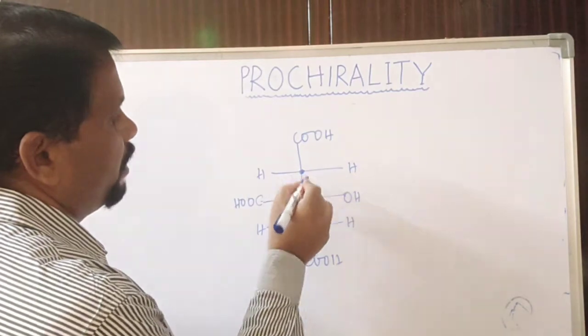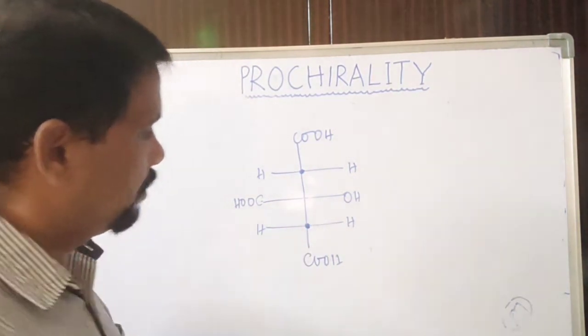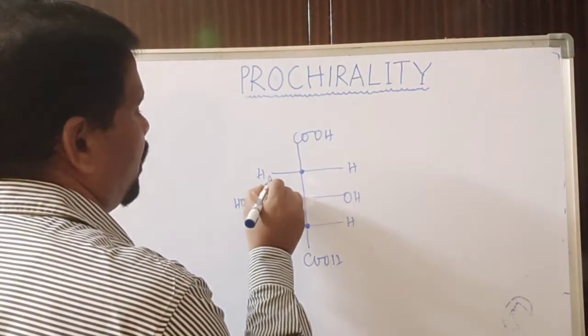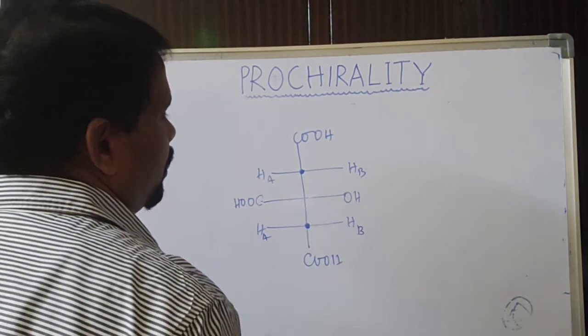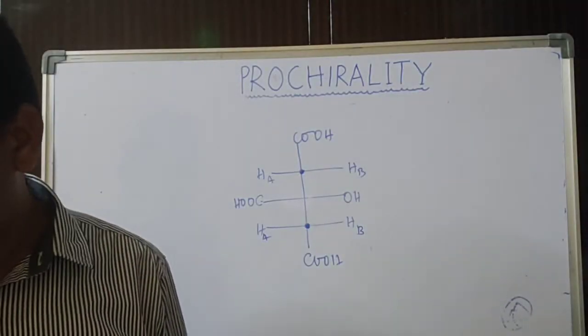This is one prochiral center and this is another prochiral center, with HA and HB and HA and HB. So this molecule has two prochiral centers.